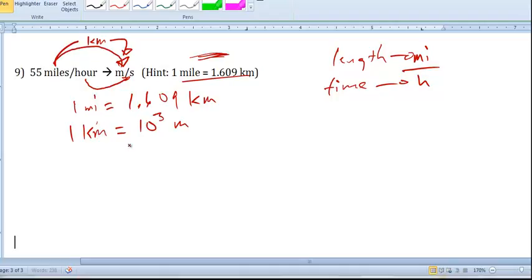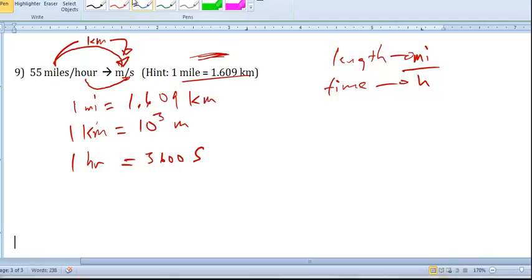Okay, so you know that. And then finally, hours and seconds. How do we relate those? 1 hour equals 3,600 seconds, right? Because that's 60 seconds in a minute times 60 minutes in an hour. So 60 times 60 is 3,600.